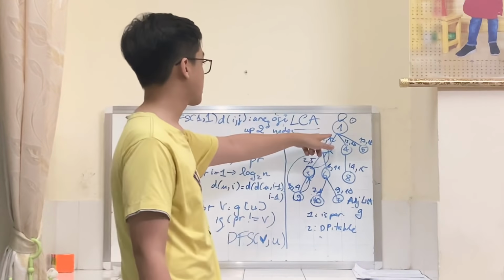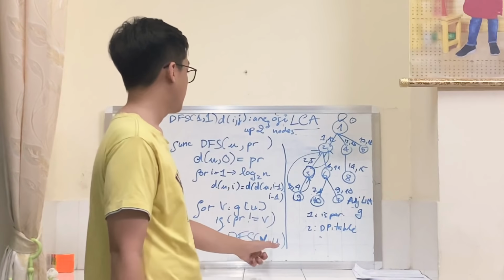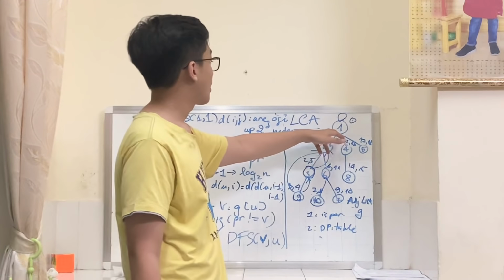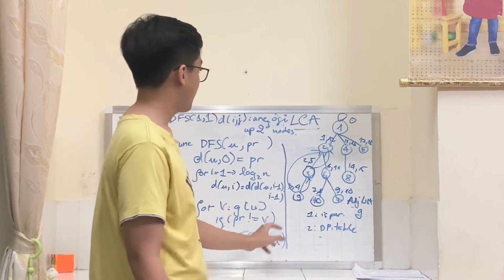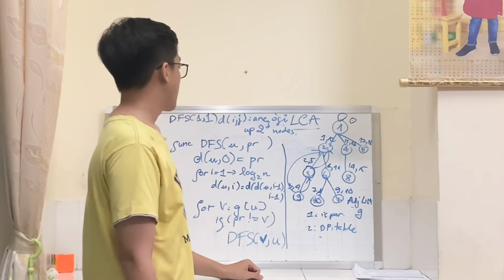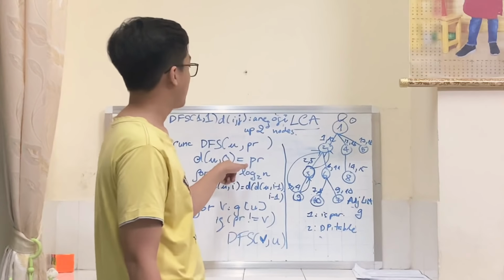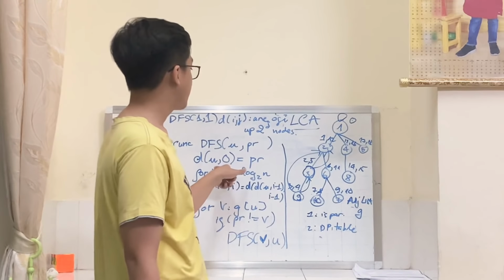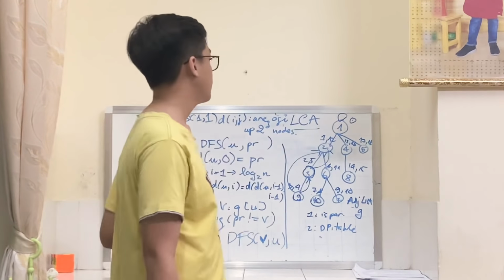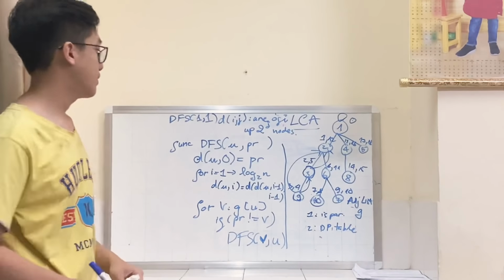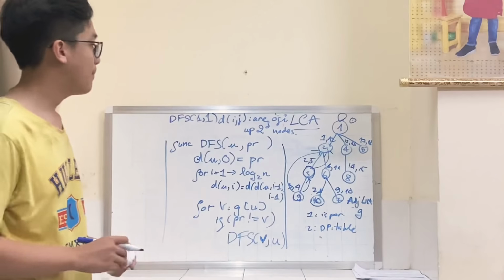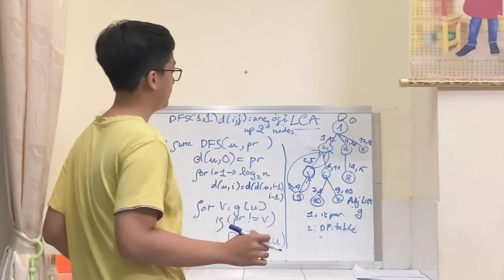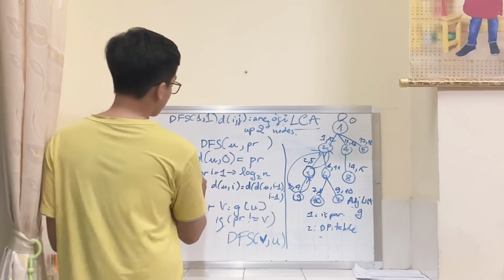V is the next node, and u, for example, you're in DFS 1, you can go to 2, so it will call DFS 2, 1. Then it will assign d[2][0] to 1. So makes sense, right? This is the DFS function, which is very important in order to build up the solution.